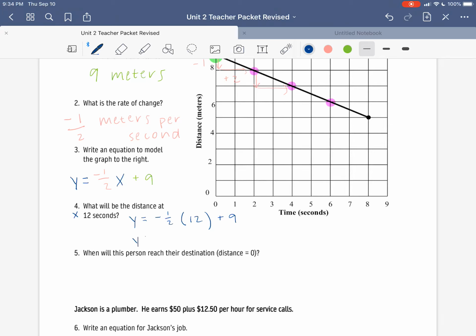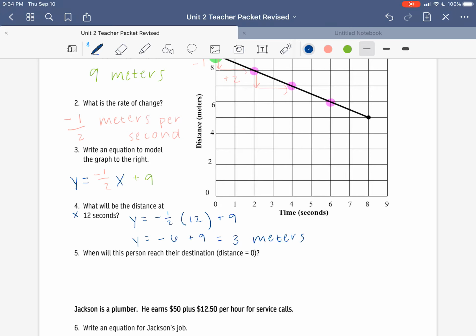So then y equals -1/2 times 12 is -6 plus 9. -6 plus 9 is +3. So at 12 seconds, the distance will be 3 meters.